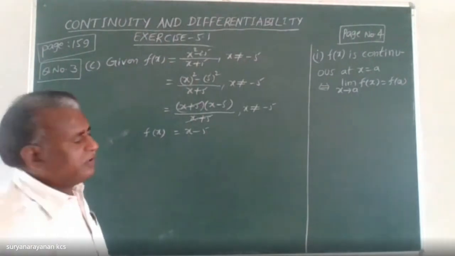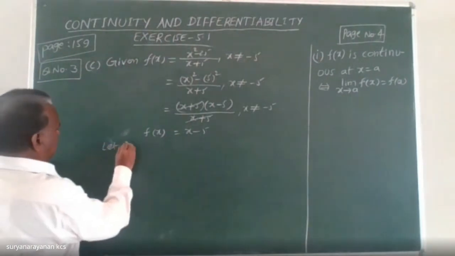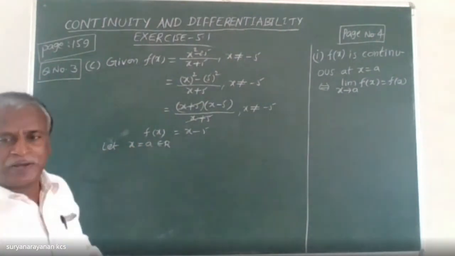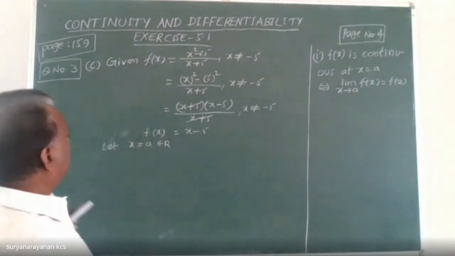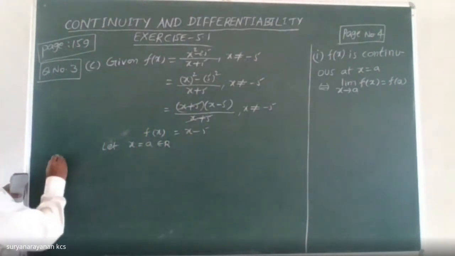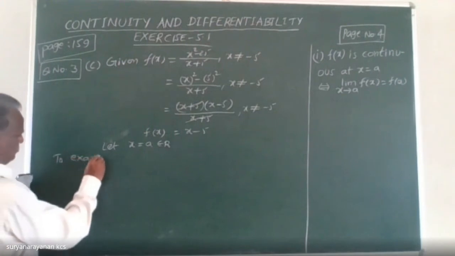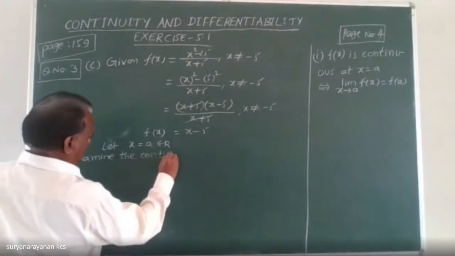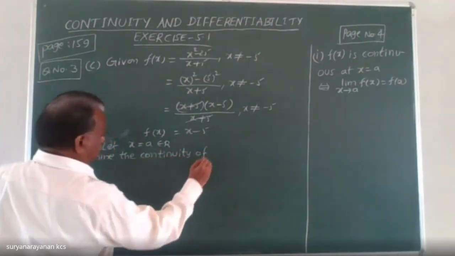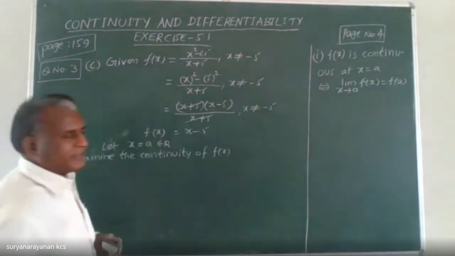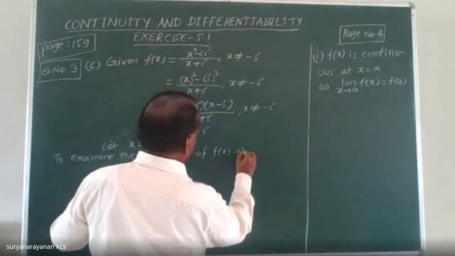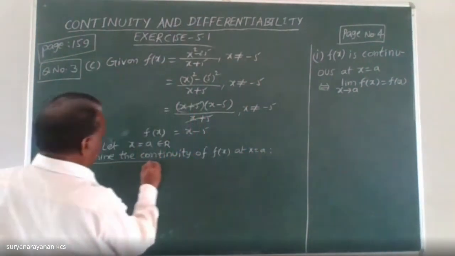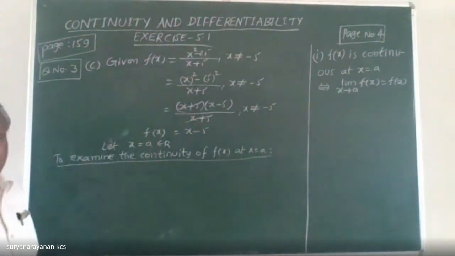Now we assume that a belongs to R. Let x is equal to a, that is a real number. Now to examine the continuity of f of x at x is equal to a, hereafter we follow the same steps.